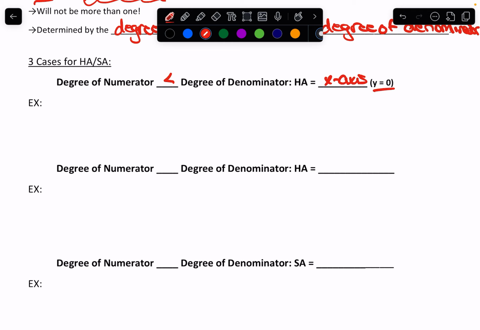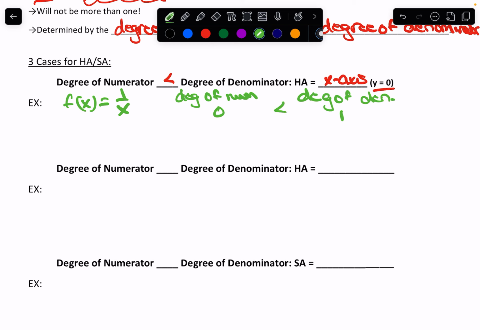For example, if we have f of x equals 1 over x, our degree of numerator in this case is 0 because there's no variables, and our degree of denominator is 1 because it's only x. So 0 is less than 1.